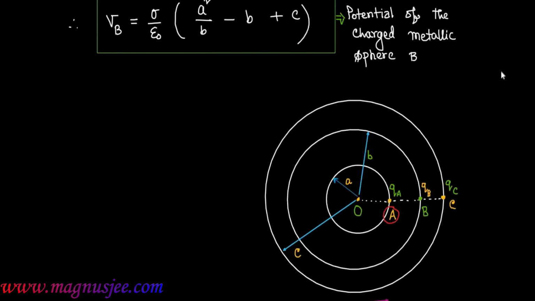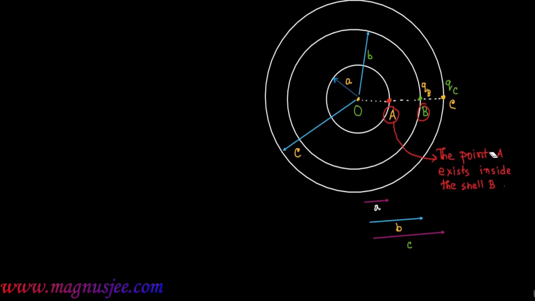In this case, again, if we consider the points A and B, the point A exists inside the metallic shell B. So the potential at the point A inside the shell will be equal to the potential at every point on the surface of the shell.